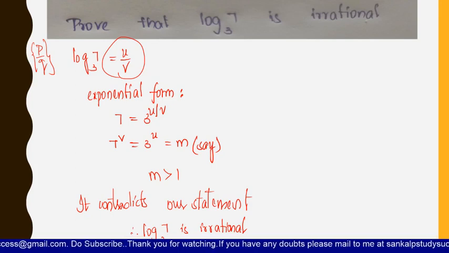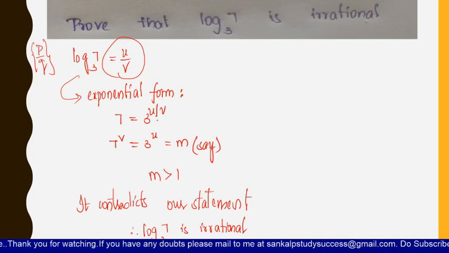So we have proved it by considering the given number as a rational number. We are just assuming it as a rational number u by v. Now by converting this logarithmic form into the exponential form, you will get 7 is equal to 3 to the power of u by v, and you can write it as 7 to the power v is equal to 3 to the power u, which is equal to m. Let us consider.